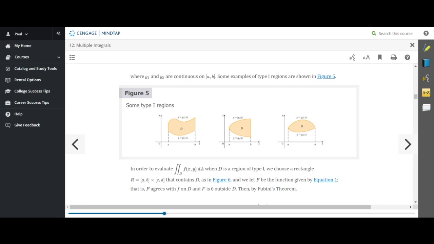How many remember in calculus 2 finding areas of regions where the top and bottom functions were different? Now we're doing volumes, but how many remember seeing regions like that in calculus 2, like in figure 5 there?